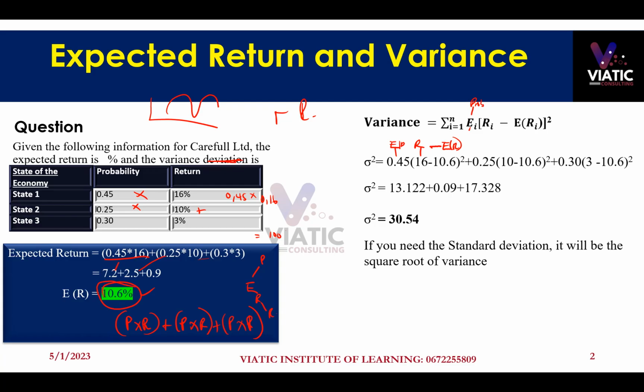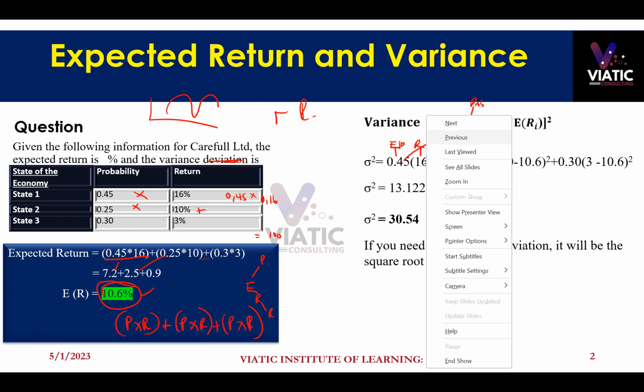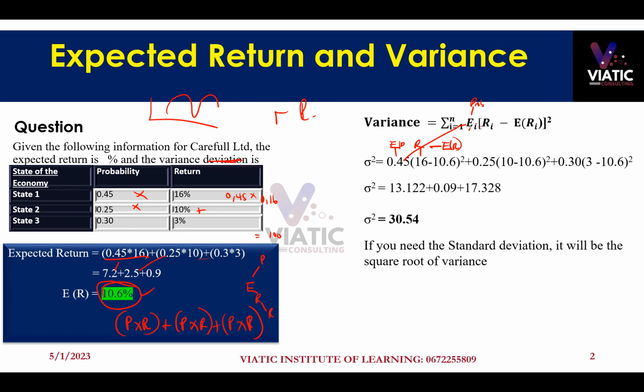So we are saying 0.45, that's our E, multiplied by 16, that's our R, and that's here, minus 10.6, the one that we've calculated here, squared, plus 0.25, that's our E, multiplied by 10, that's our R, minus 10.6, squared, plus 0.3, that's our E, 3, that's our R, minus 10.6, our expected return that we've calculated, squared.